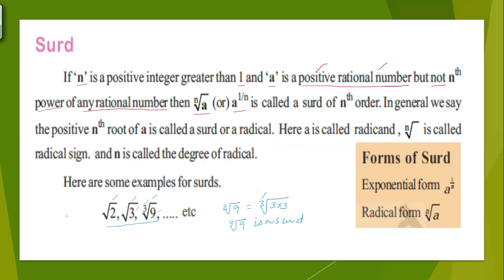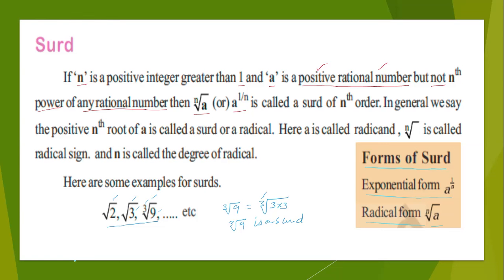That means, as per the example, in the box, forms of surds: exponential form is a to the power of 1 by n, and the radical form is nth root of a. That means nth root of a or a to the power of 1 by n. Here the base is a and the exponent is in the p by q form. These two are called forms of surds.